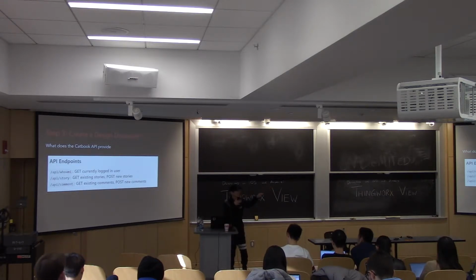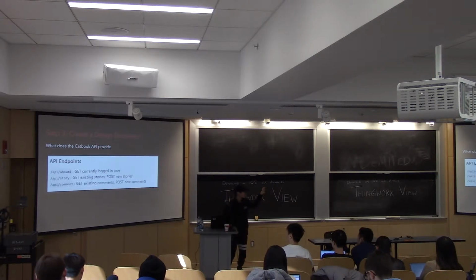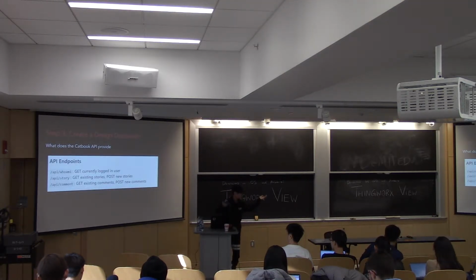To be honest, I'm kind of lying, because "who am I" only tells you whether you're logged in or logged out. And also the login and logout pages technically change the state of your application. So in that sense, these two distinctions are not ideal. We probably want to fix these down the road.